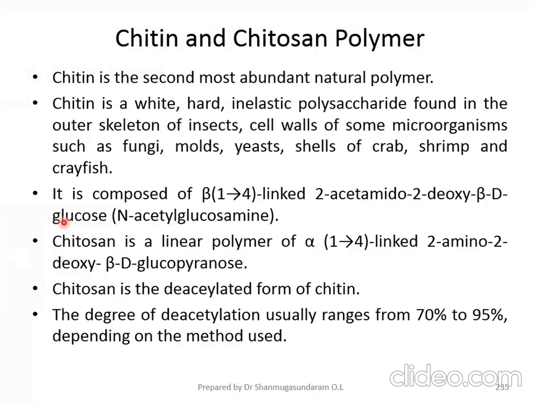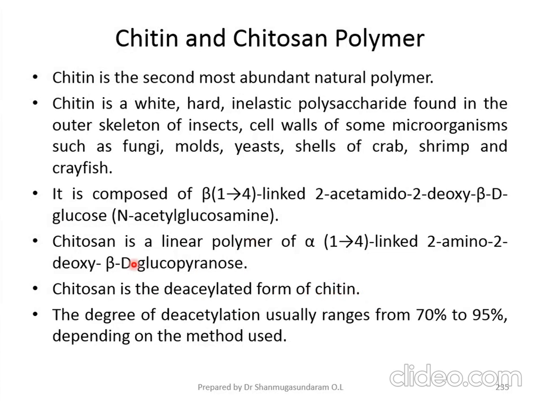Here glucose group, here glucopyranose. So chitosan is the deacetylated form of chitin. What does it mean? You are removing the acetyl group present in the chitin polymer. You are removing a certain percentage of acetyl group present in chitin polymer.